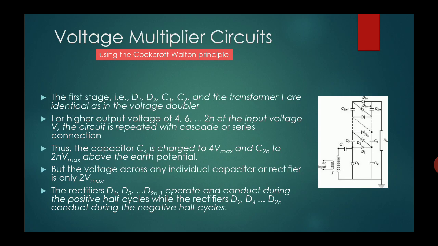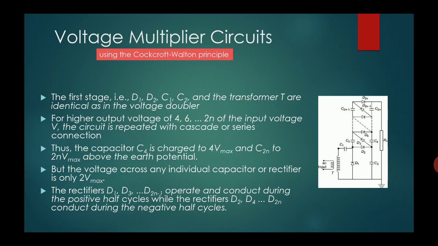For a higher output voltage of 4, 6 to 2n times the input voltage V, the circuit is repeated with cascade or series connection. Thus, the capacitor C4 is charged to 4 Vmax and C2n to 2n Vmax above the earth potential.